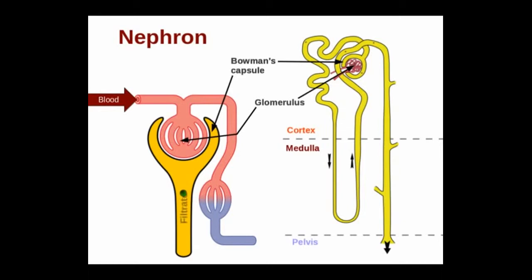And as this happens, a filtrate is produced as the liquid from the blood passes out into the Bowman's capsule from the glomerulus. And then the filtrate is taken away, and various things happen to it along the way. The reason the liquid from the blood is forced out is due to blood pressure.